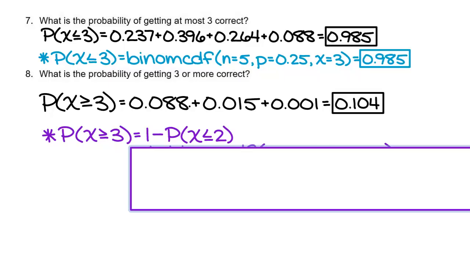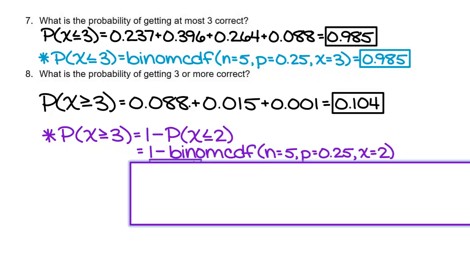If I have a situation that's a greater than, the way I turn it around so that I can put it in my calculator, it's 1 minus the probability that x is less than 1 lower than this. So I'm going to pop that into my calculator like this.